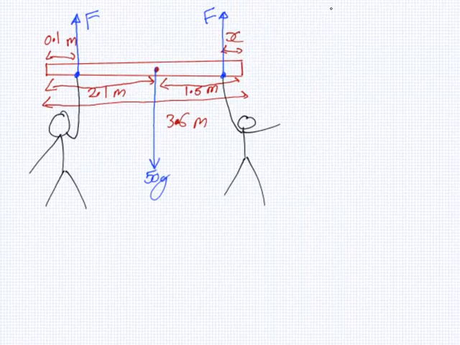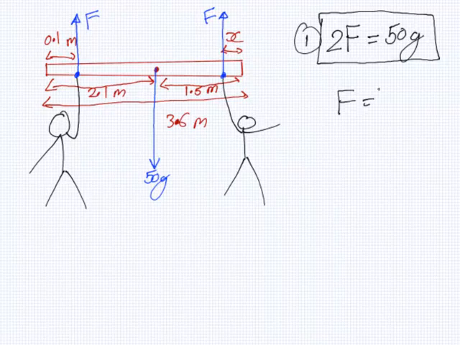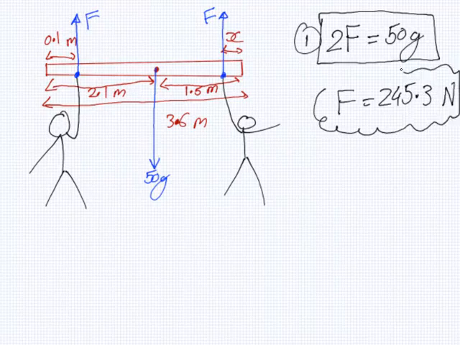So my first equation is 2F equals 50G. Well, that's great because that gives me the F. 245.3 newtons, roughly 245.